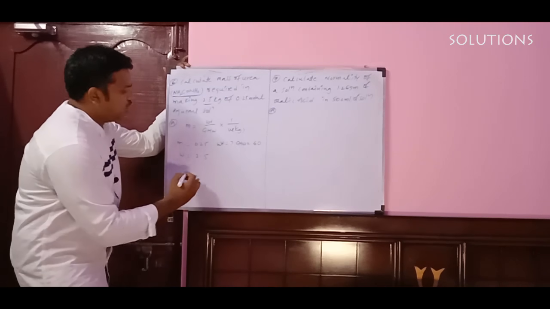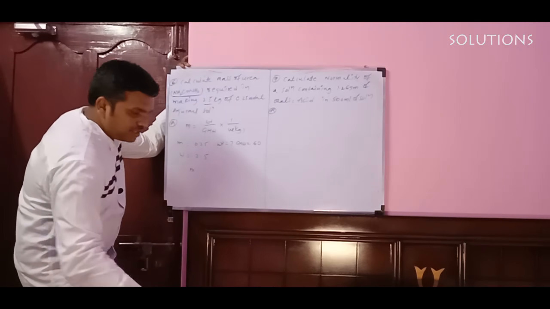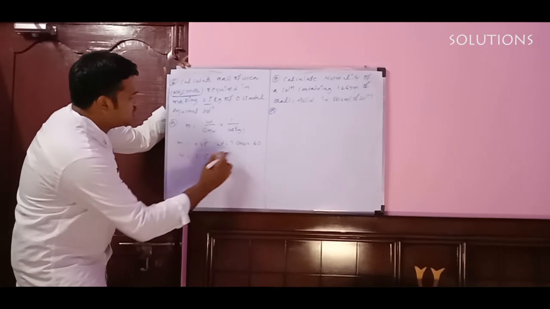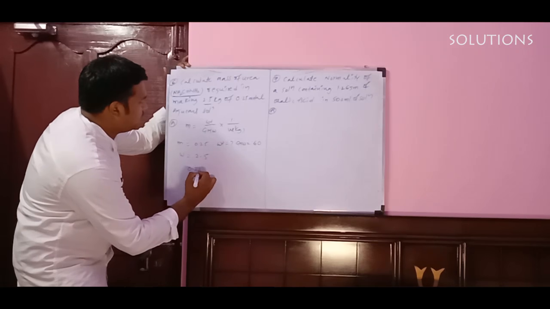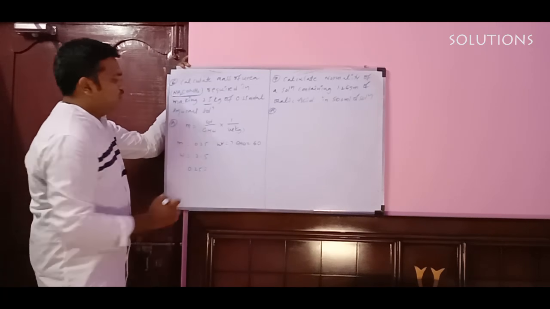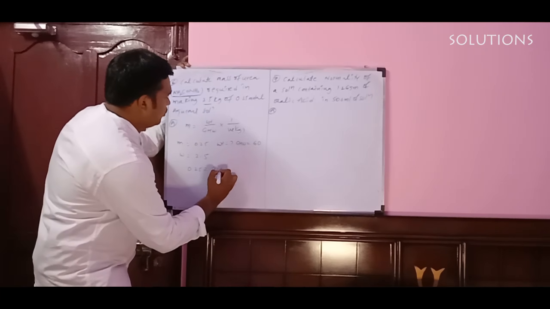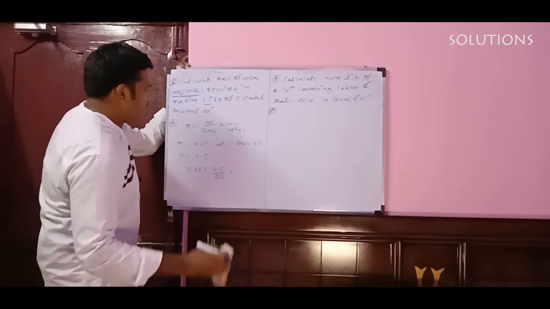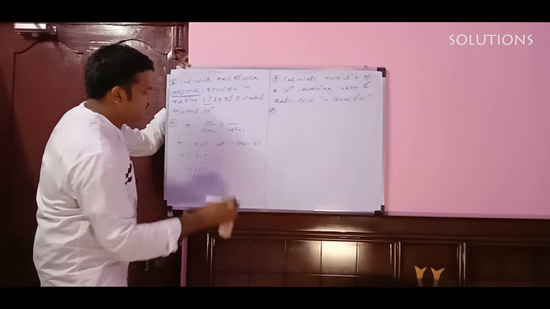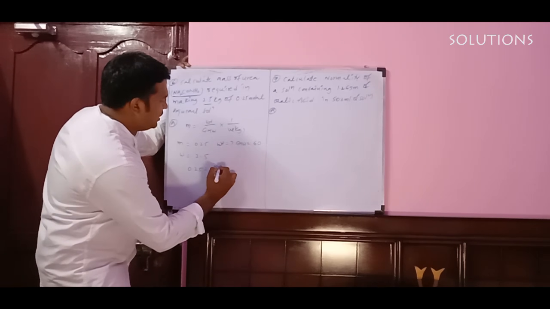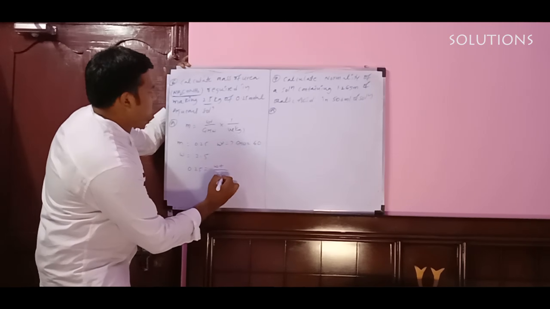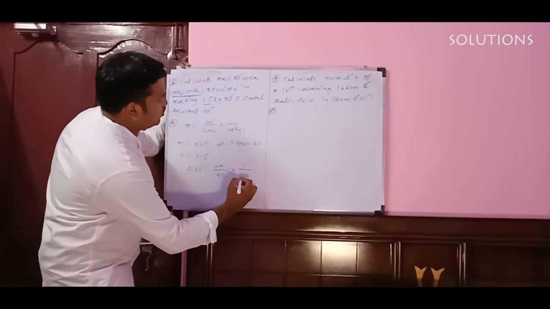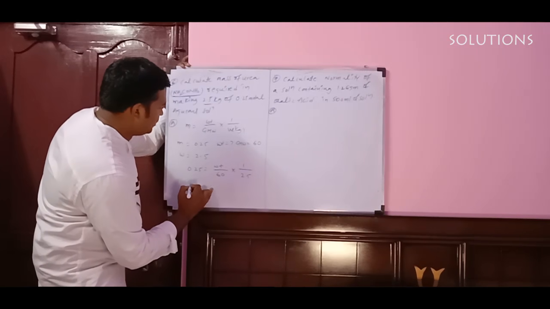Capital W is already given as 2.5. Now substitute all the values. Molality is 0.25, that is equal to weight by 60 into 1 by 2.5, where weight is what we have to find. Now we do the cross multiplication.